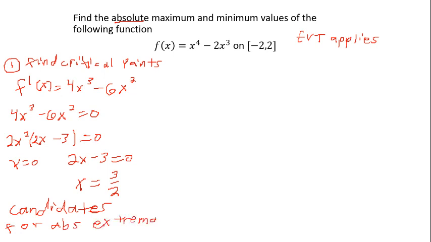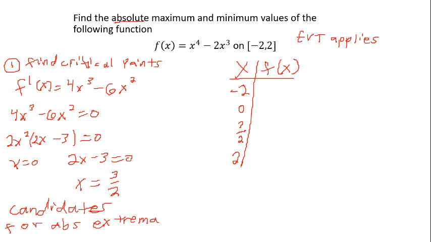To actually find what the absolute extrema are, we're going to make an xy table. We're going to make an f of x table, and we're going to evaluate the original function at both the critical points and at both of the endpoints. So we have -2, then 0, then 3/2, and 2. Whichever point has the biggest y-coordinate is the absolute maximum.